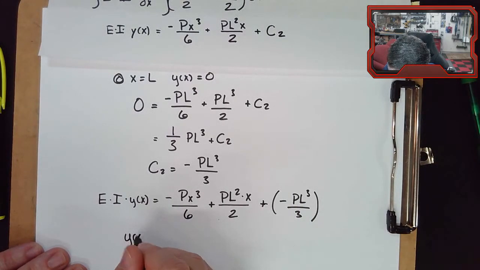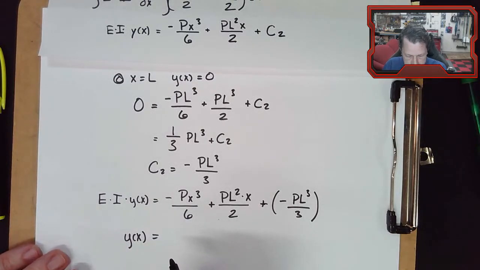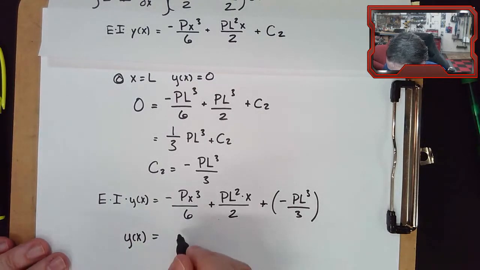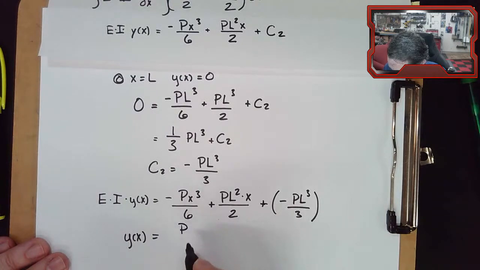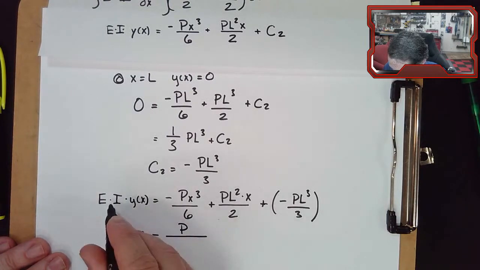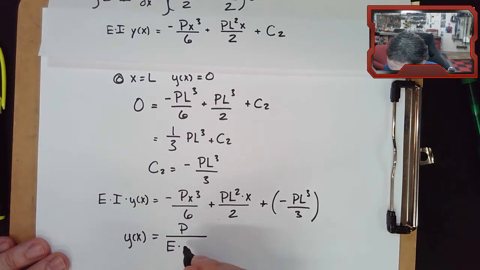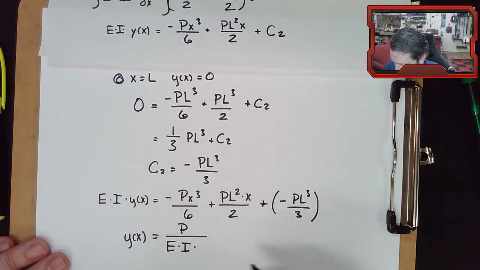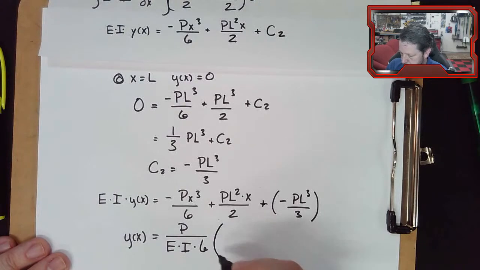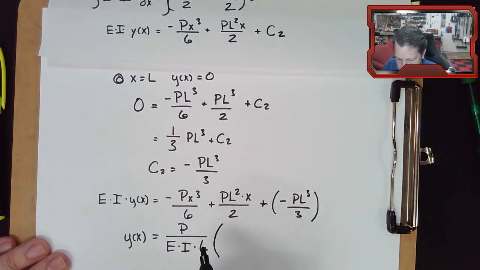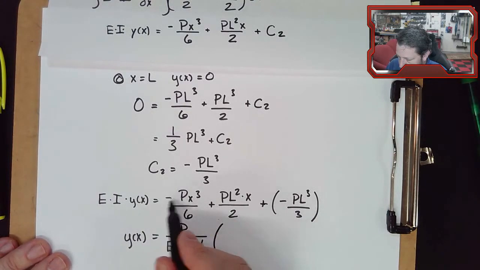So y of x equals, and I'm going to leave p, I don't want the negative one, so I'm going to put p over E, and I get divided through both sides. Common denominator is 6, and the leftovers here become, this one would just be negative x cubed.